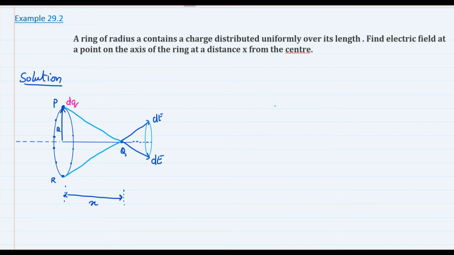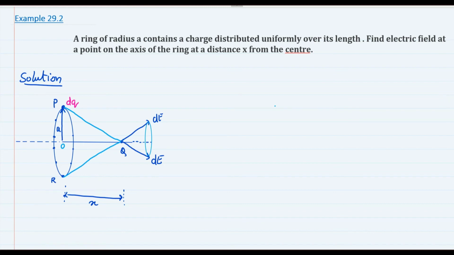The point we have to understand is that for every element P, there is a corresponding element R, so that the triangles PQO, where this is O, and RQO will be in the same plane. So the components of dE along the axis and perpendicular to the axis will be in the same plane.